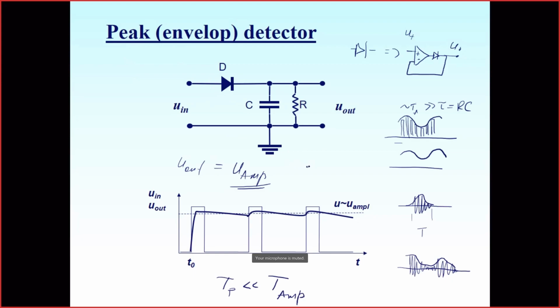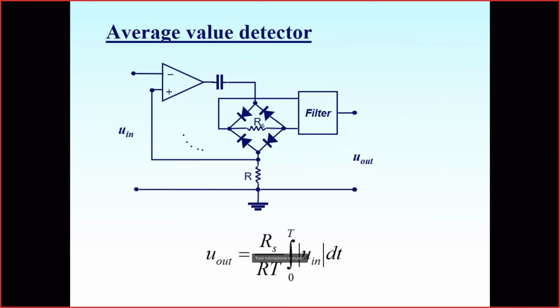If we know the shape of our signal, for example a sinusoidal signal, we know that U effective for the sinusoidal signal is U amplitude divided by the square root of 2. For another type of signal, we may recalibrate this output accordingly.